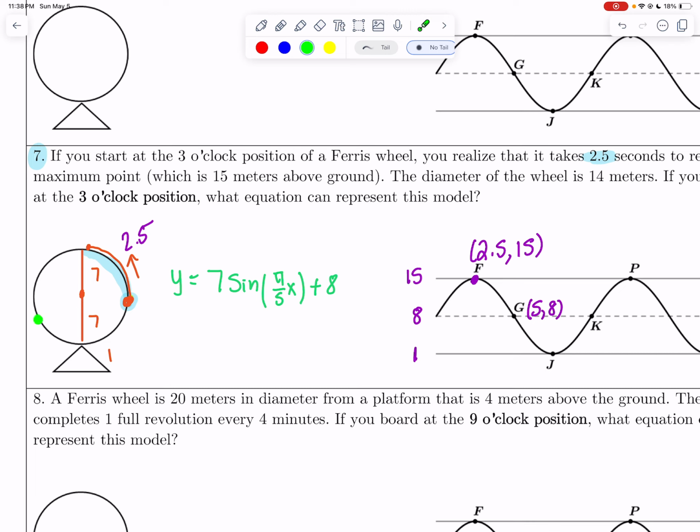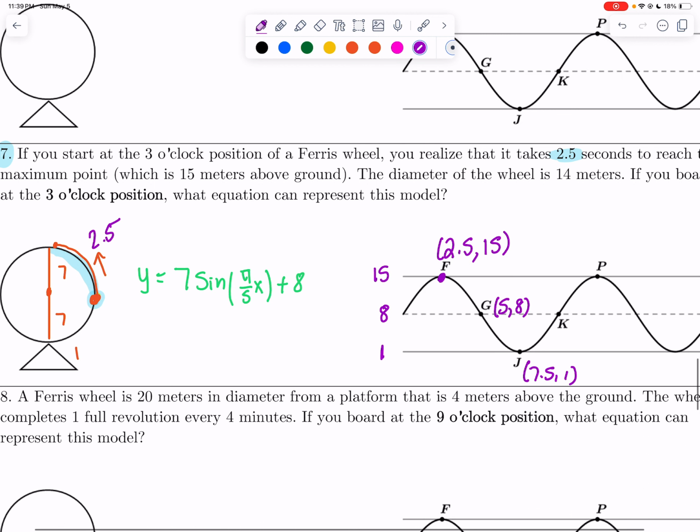And then if I'm going to fall down again to my minimum, 2.5 more seconds, that means at 7.5, I'm going to be at 1. And then 2.5 more seconds, I'm going to be back at my midline, aka my starting point right here, which is going to give me 10, and then 8.